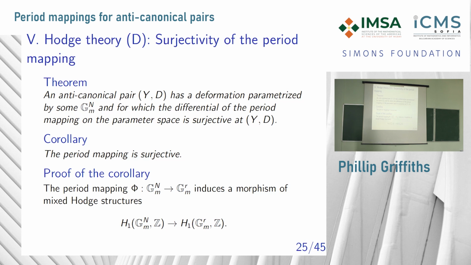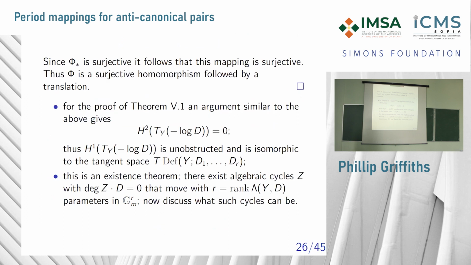So the reason for that is that this morphism here induces a morphism of mixed Hodge structures. The tangent space to the affine group scheme is a Euclidean space modulo the first cohomology. That's the general fact.